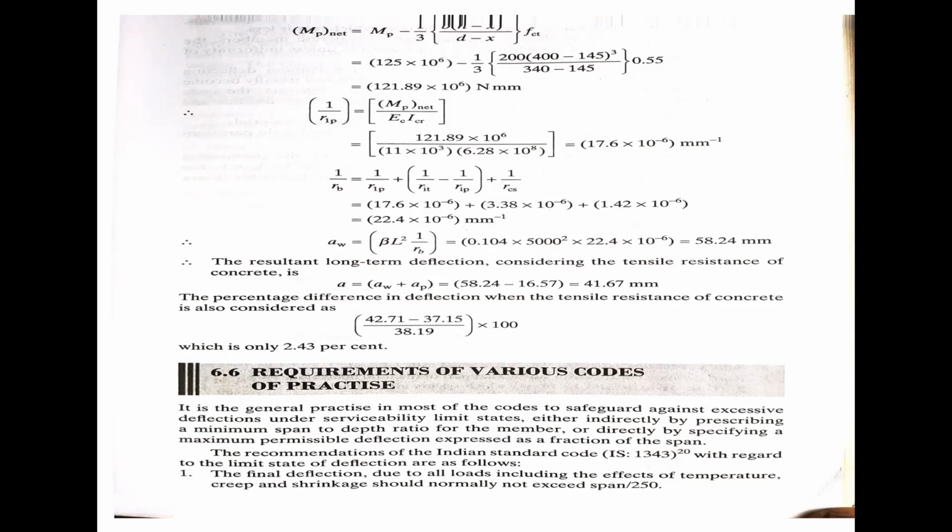The code gives limits to follow for designing prestressed concrete members. The first point: the final deflection due to all loads, including the effects of temperature, creep and shrinkage, should normally not exceed span by 250. Okay, this is the first condition.